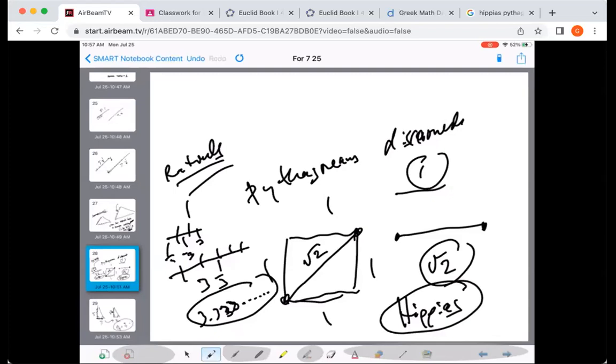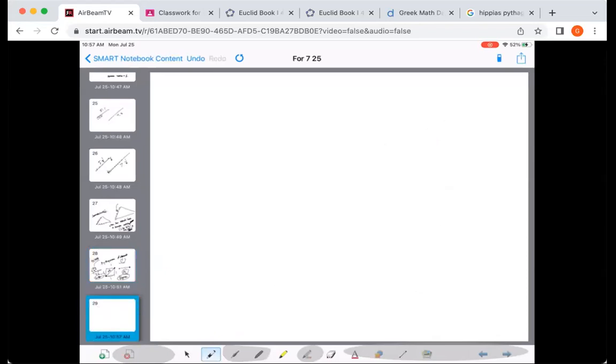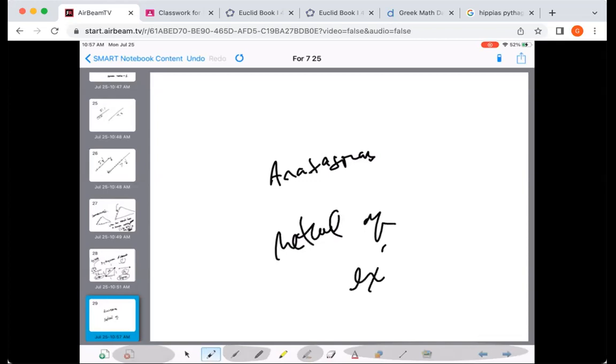So eventually somebody settled this, and they said you are allowed to use similar triangles. Someone named Anaxagoras came up with something called the Method of Exhaustion. I don't know how to spell it exactly. Basically he showed that it's okay to use similar triangles, even with numbers that are irrational.